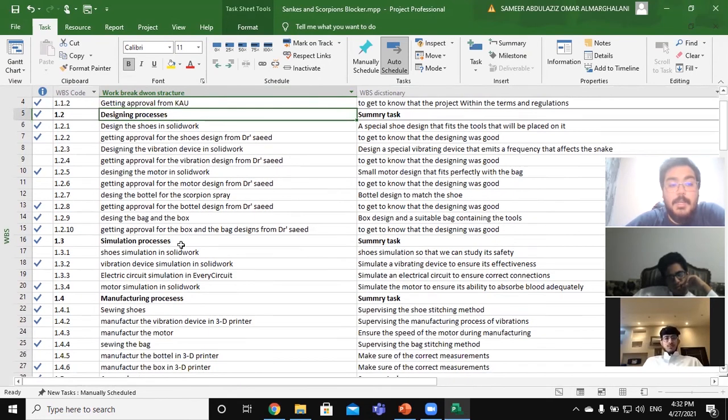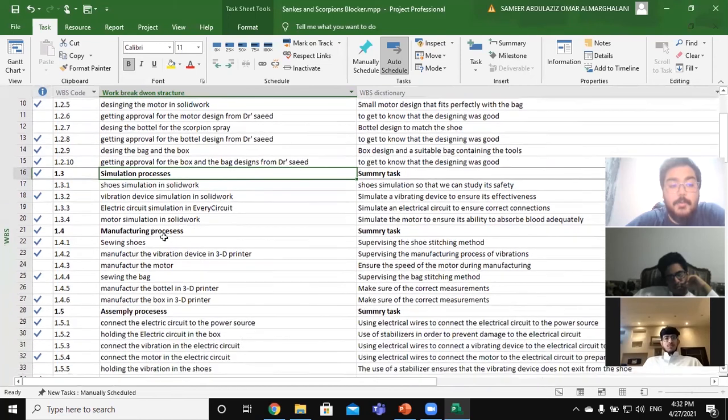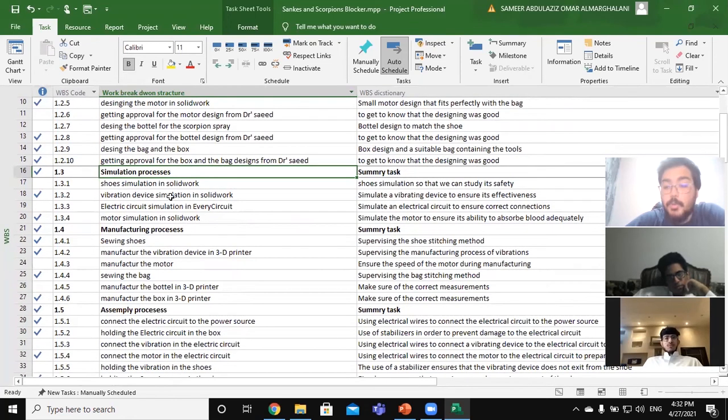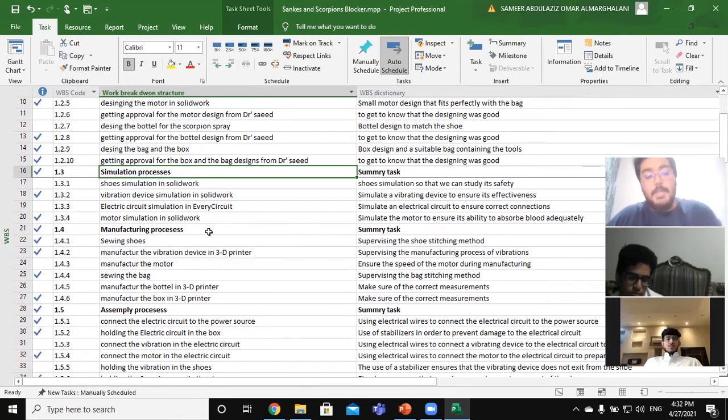Then we have the simulation process, which includes shoes simulation in SolidWorks. We will use SolidWorks to make a simulation for the shoes to make sure that the shoes are safe, and the vibration device simulation in SolidWorks also, and electric circuit simulation in Every Circuit, which is a special program for making electric circuits. Then we have motor simulation in SolidWorks also.